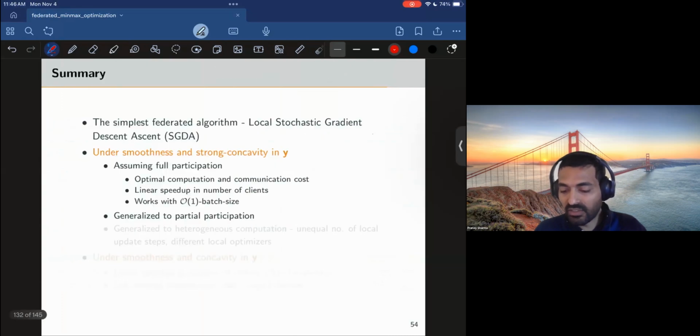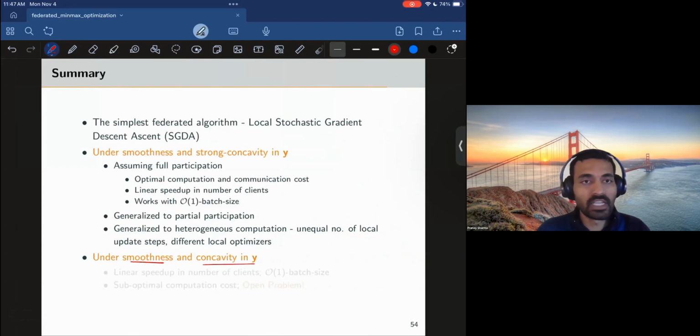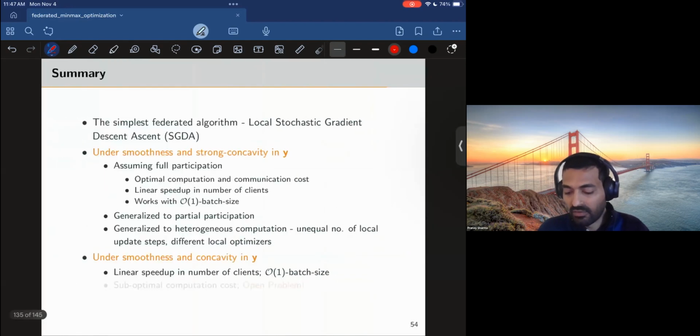Subsequently, we generalized this from full participation to partial participation. Then we also generalized it to heterogeneous computation, meaning different clients were allowed to use an unequal number of local steps, different local optimizers, and so on. And then finally, very briefly, we talked about a different class of problems, where we have smoothness and concavity in Y. For this class of problems, again, we were able to show linear speed up in the number of clients.